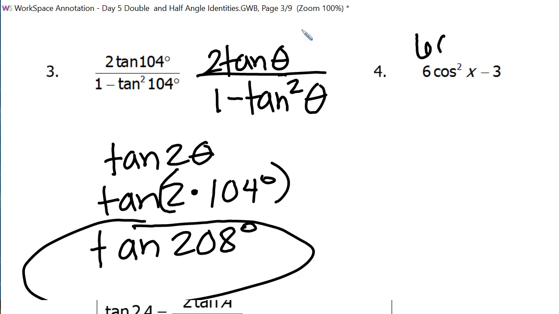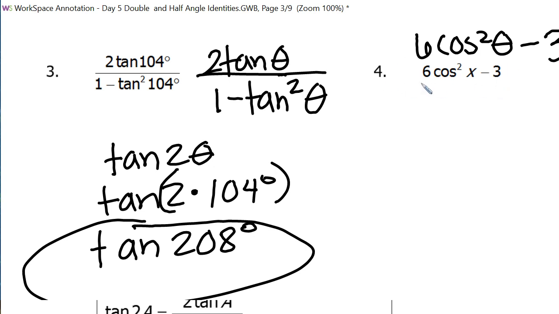Let's see, this would be 6 cosine squared theta minus 3. But we don't have one with a 6 and a 3, but we have one that has 2 and 1. So that means the normal formula should have been 2 cosine squared theta minus 1.